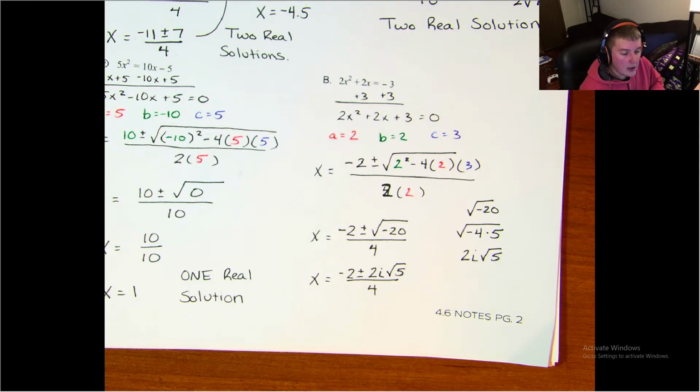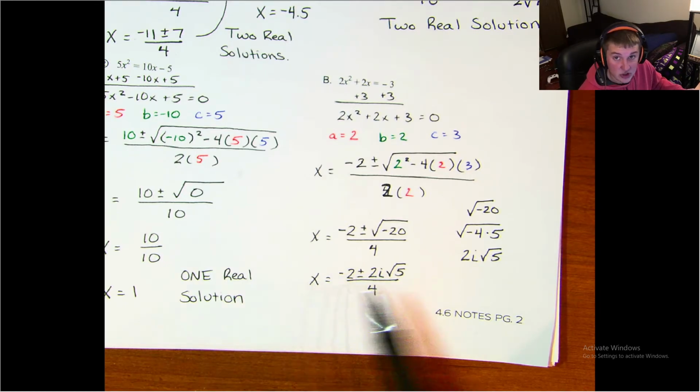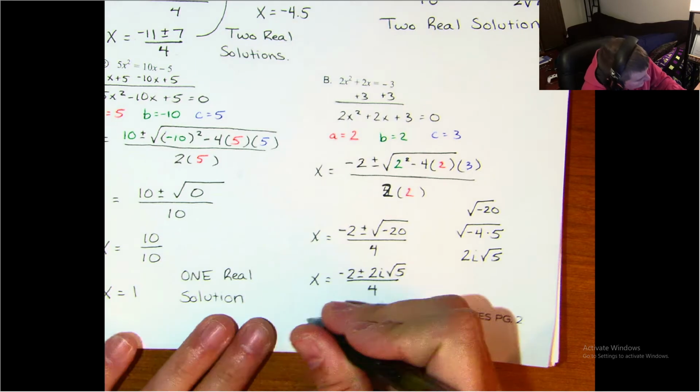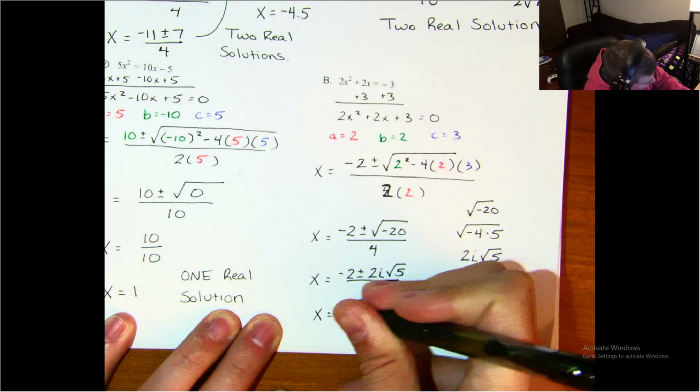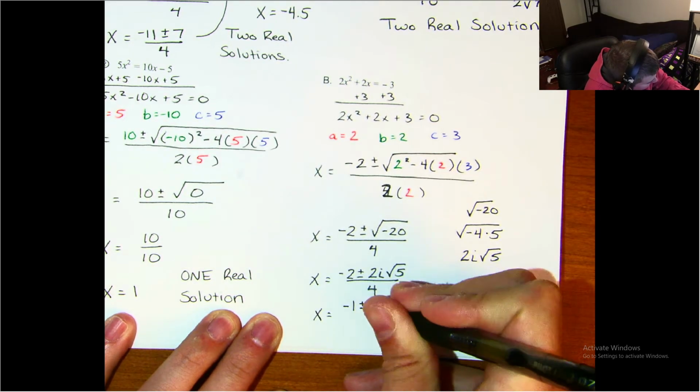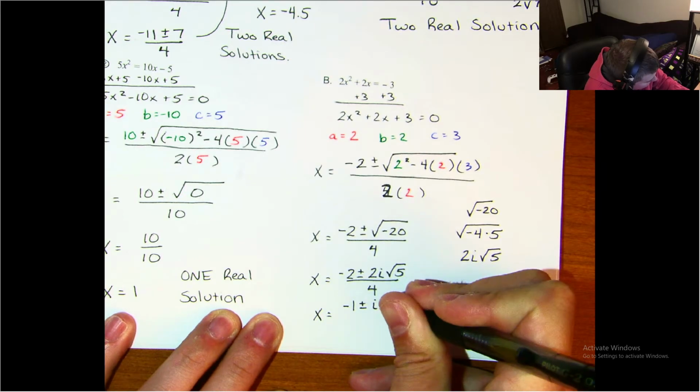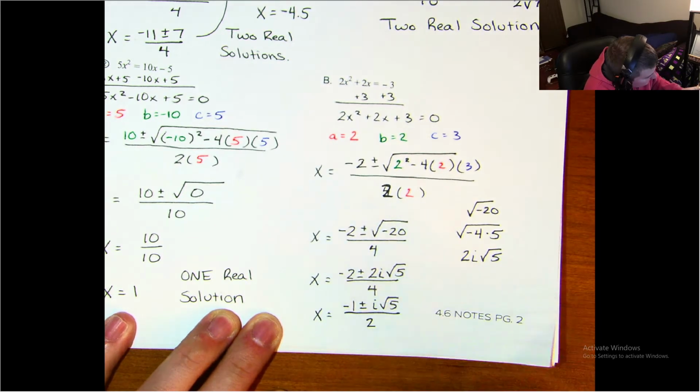Great work. But there is one little thing. We're dividing each term here by 4, and they all have a factor of 2 in it. So that means I can actually simplify by dividing each term by 2, just like you would any other fraction. This would technically simplify into negative 1 plus or minus i square root of 5, all divided by 2.